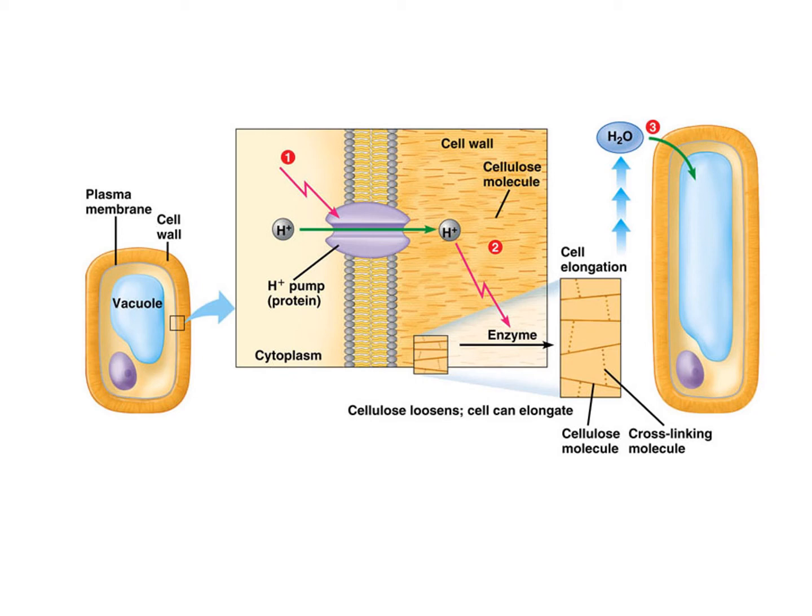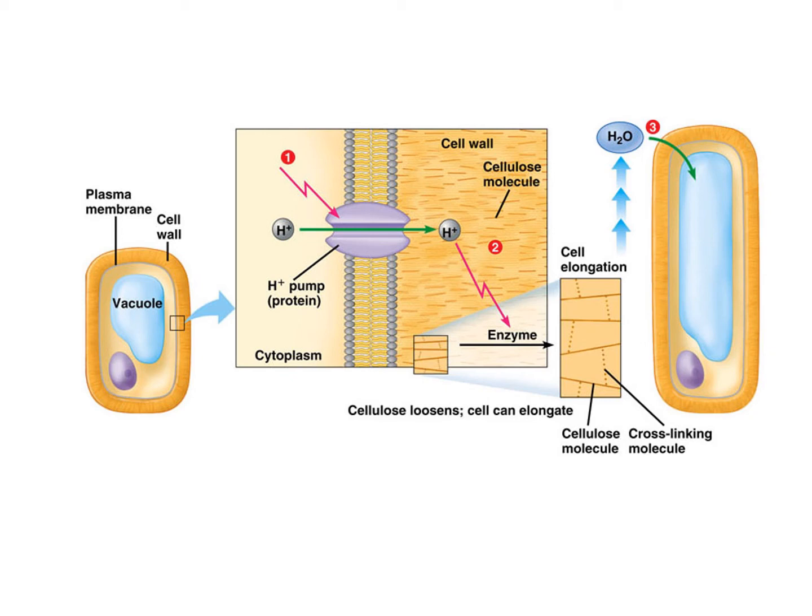The auxins cause hydrogen ion pumps in the membranes to become active. Hydrogen ions are pumped from the cytoplasm of the cell into the cell wall. That lowers the pH.